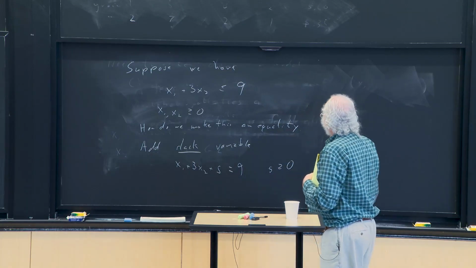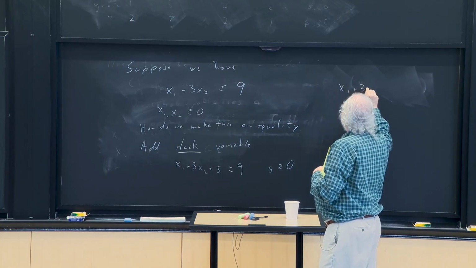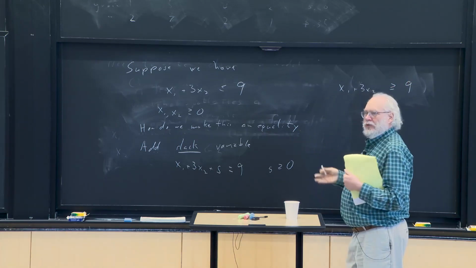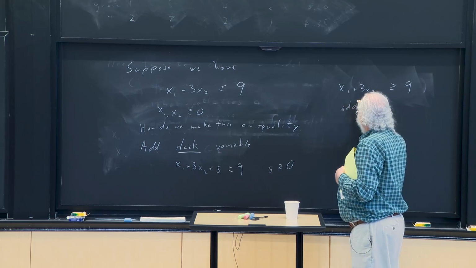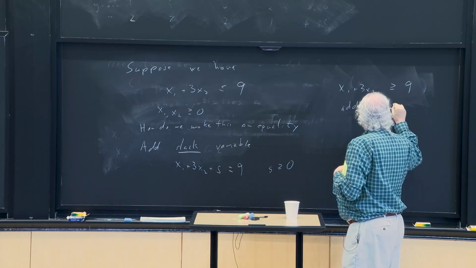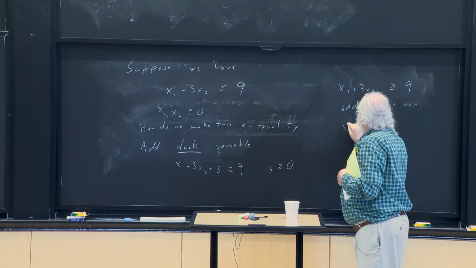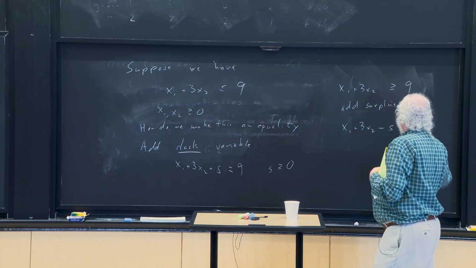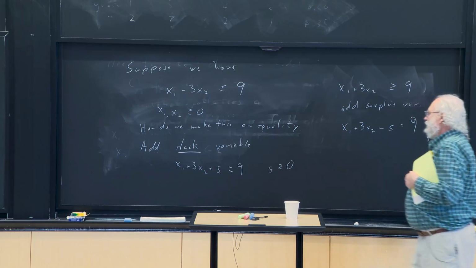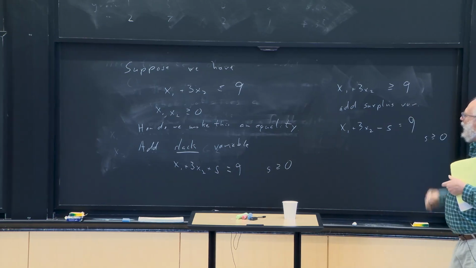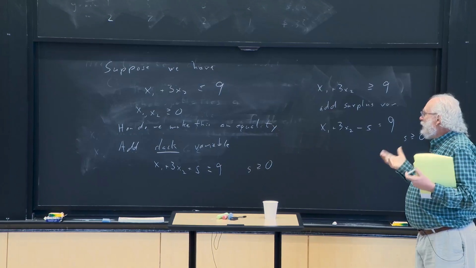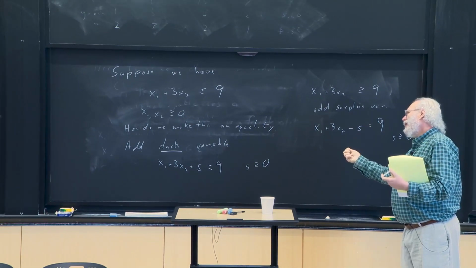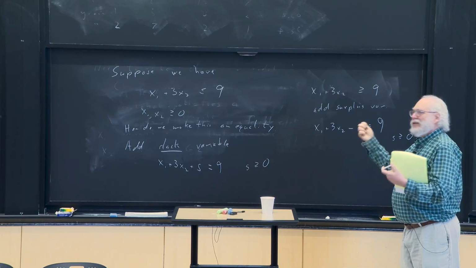And if we have x1 plus 3x2 greater than or equal to 9, we would add something called a surplus variable: x1 plus 3x2 minus s equals 9, s greater than or equal to 0. And the last thing we need to do is say how to turn equalities into inequalities.